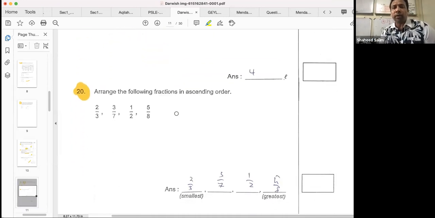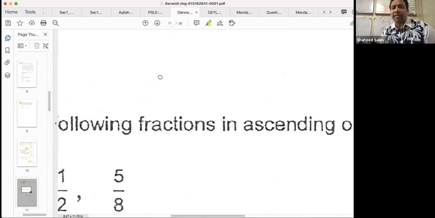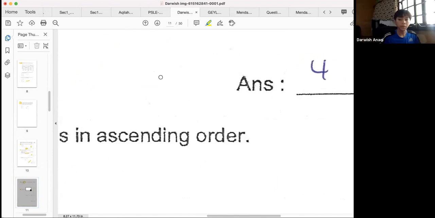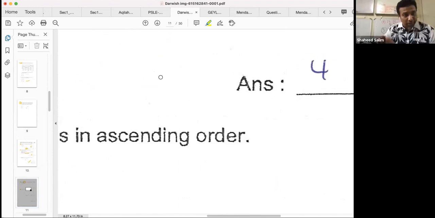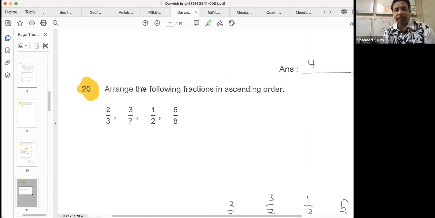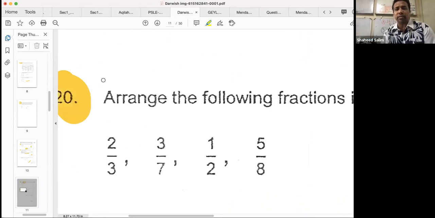Down here, okay, what's the meaning of ascending order? From bottom to top. Ascend is going up. So from small to big lah. Correct? So now, how do you know they are small to big? How do you know from here? Which one is the smallest?